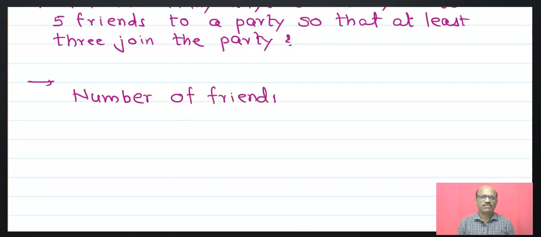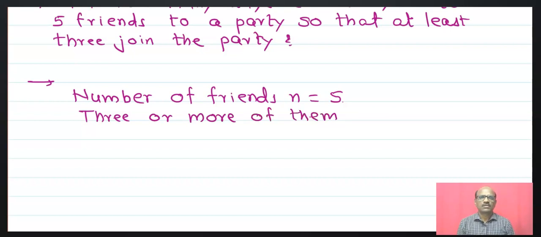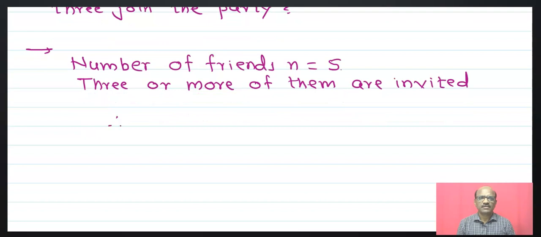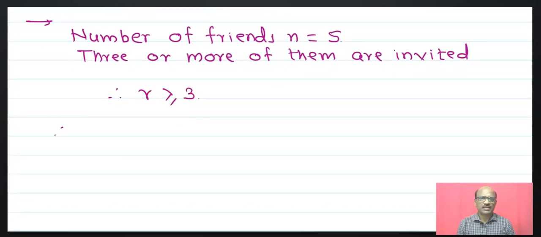That is the number of friends n is equals to 5. Three or more of them are invited, that is r is greater than or equal to 3.